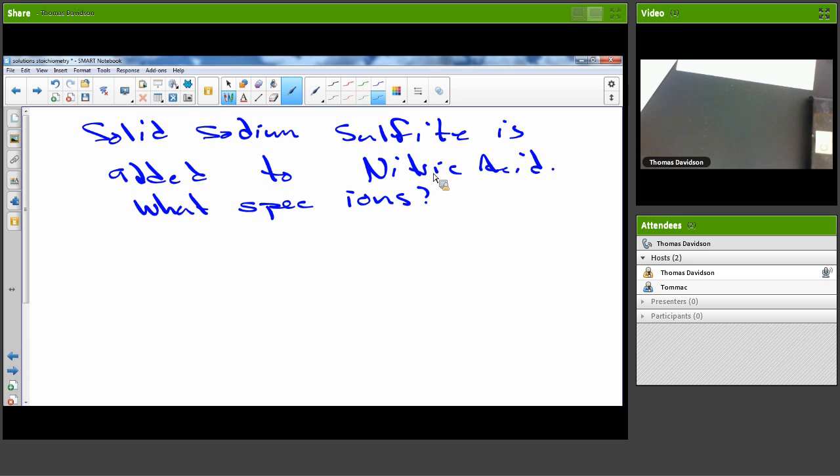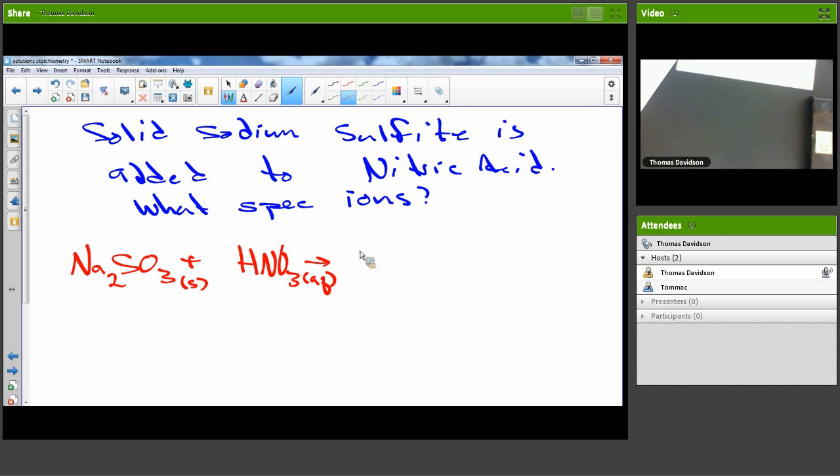Let's go ahead and do this. All right, so sodium sulfite, that's the part that you're going to screw up in the long run usually. Na2SO3 is added to nitric acid, HNO3. So this would be solid, right? This would be aqueous. And then most people get the products wrong.